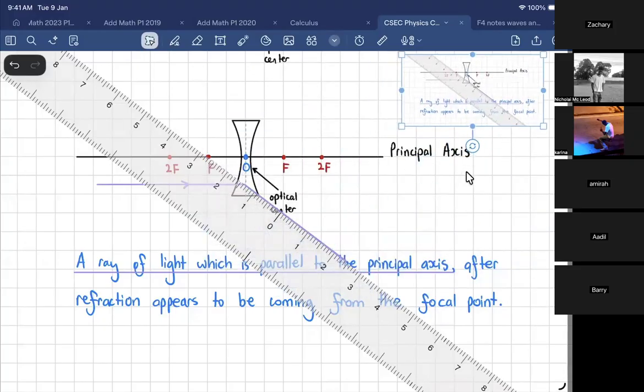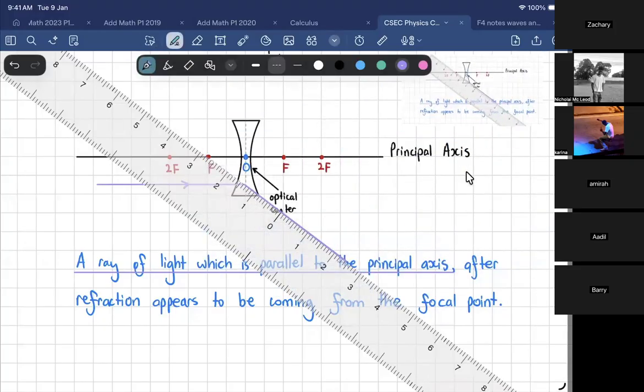If you don't understand it, tell me now. Adil, Drew, do you understand how I was able to draw my real light after it passed through the lens?